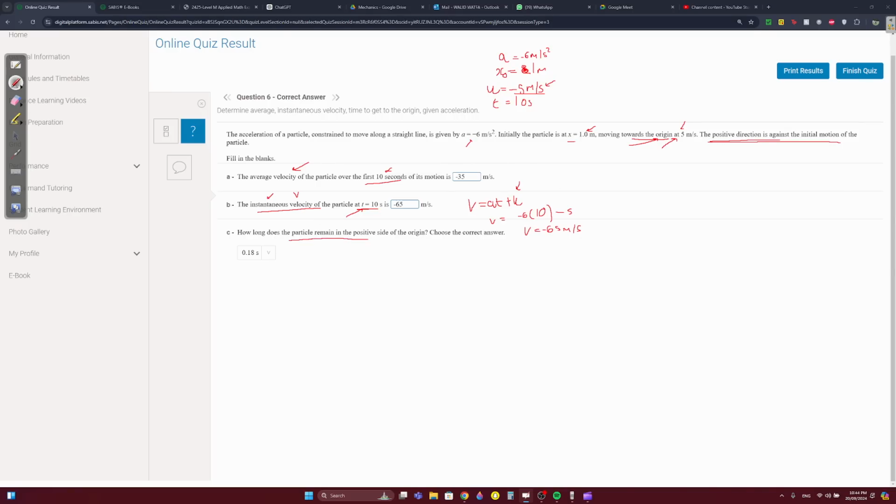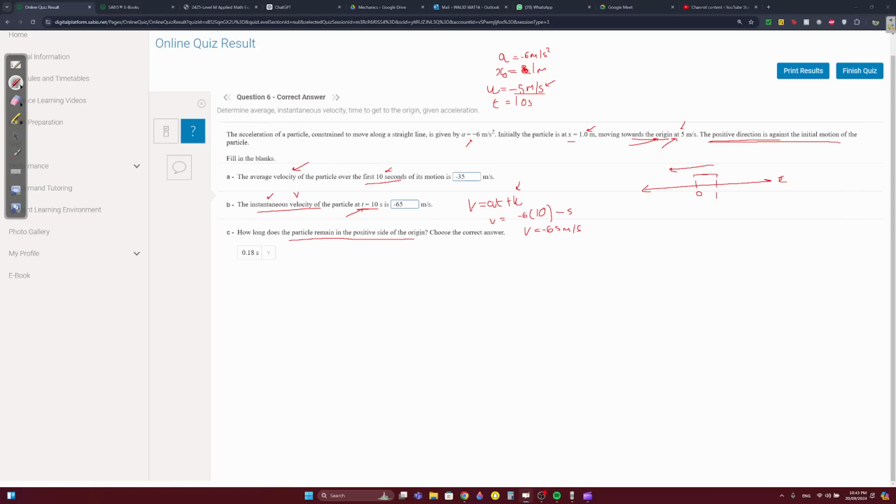How long does the particle remain in the positive side of the origin? This one is a bit hard. I'm going to draw it for you. This is our x, and 0 is the origin here. We start at 1, and we're moving towards 0.